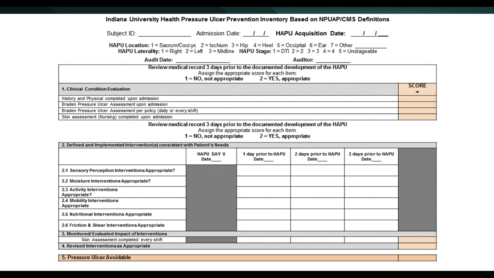We used the CMS components. You can see them numbered. Number 1, clinical condition evaluation. Number 2, defined and implemented interventions consistent with the patient's needs. Number 3, monitored and evaluated the impact. And then 4, revised it. We used the Braden scale, and you can see how we operationalized those 4 CMS NPUAP components.